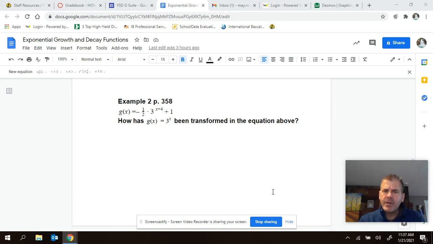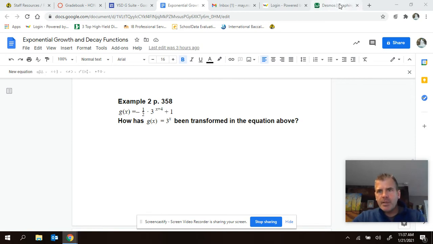And then we've got this 3 to the x plus 4, so I would say that's a translation, probably to the left. And then also a translation with the plus 1 there, so it's been translated up. So flip, compression, slide left and up is my prediction.